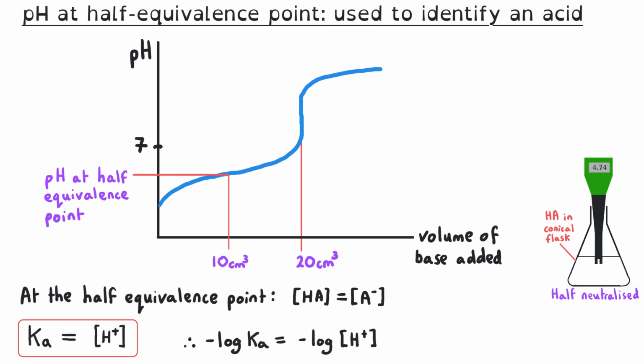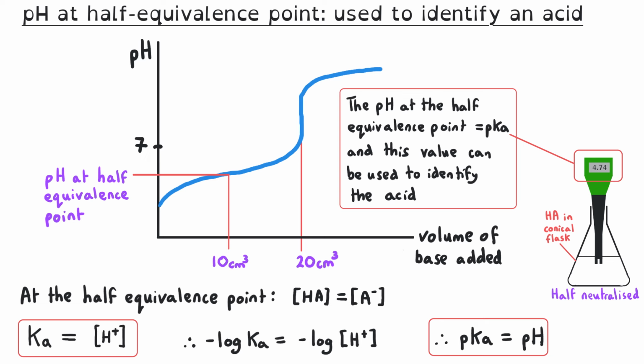And negative log of Ka is pKa, and negative log of hydrogen ion concentration is pH, and therefore pKa equals pH. And so we can say that the pH at the half equivalence point is equal to the pKa of the acid. And since acids have a specific pKa value, this value can be used to identify the acid.